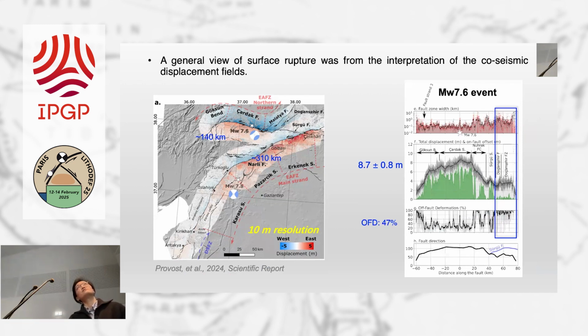They used this deformation field to map the surface rupture and recognized some geometrical complexities. They also did some measurements. Based on their results, they found the off-fault deformation of the second earthquake could be around 47%. We noticed that in the northeastern section of the second earthquake, they got almost 100% off-fault deformation. We speculated this extremely high off-fault deformation could be caused by their lack of high resolution close to the fault.